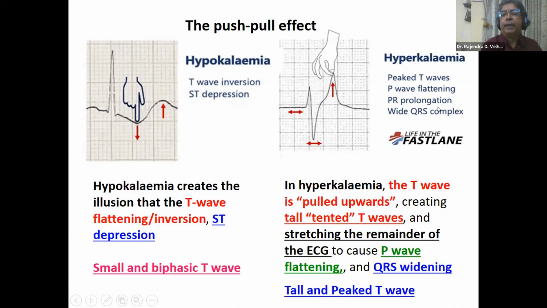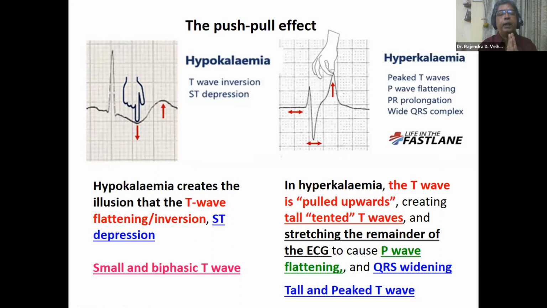Whereas in case of the hyperkalemia, the T wave is pulled upwards, as a result of which the P wave flattens and the QRS complexes become widened, and T waves become narrow in their width, but they become tall and tenting. So this is a push and pull effect of hypokalemia and hyperkalemia.